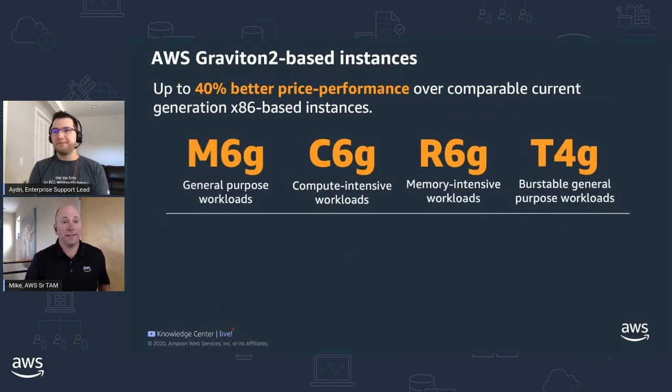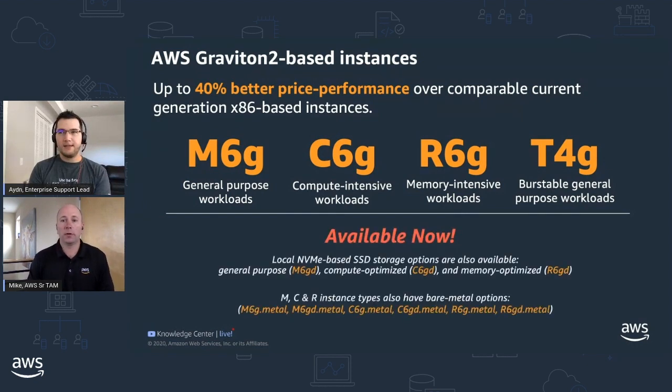Go ahead, Mike. Yeah. The key point that I want everyone to take away is that you have great price performance with these ARM-based processors as compared to our current generation x86 based instances. We're able to offer the AWS Graviton processor in 3 new instance types. These Graviton2 based instances offer up to 40% better price performance over the x86 based instances.